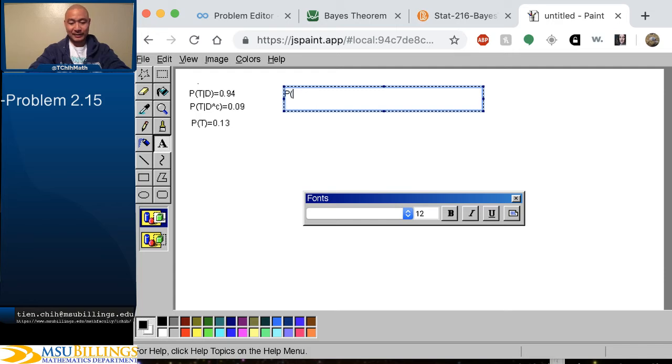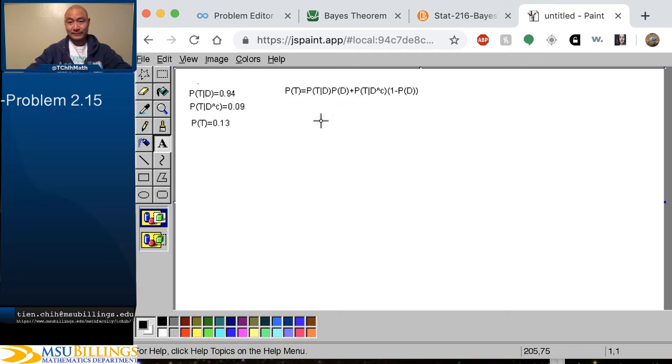We could say that P of T is equal to P of T given D, P of D, plus P of T given D complement, 1 minus P of D. All right, that's form number one.